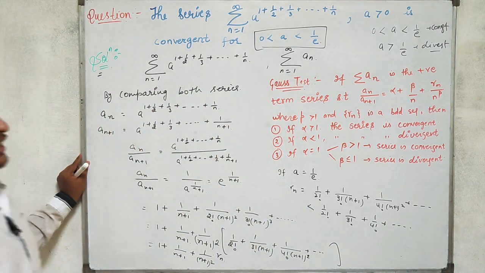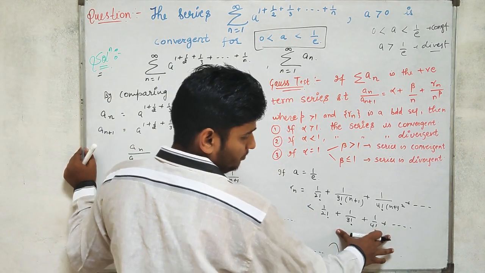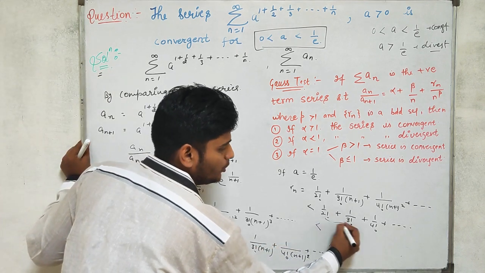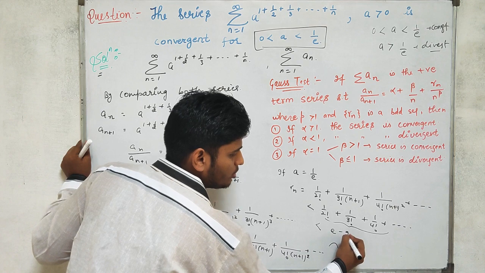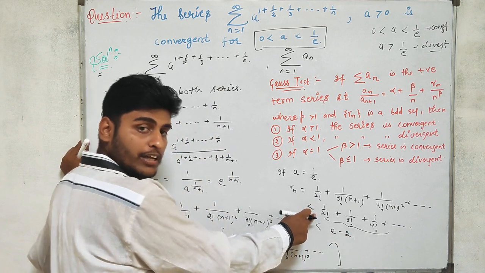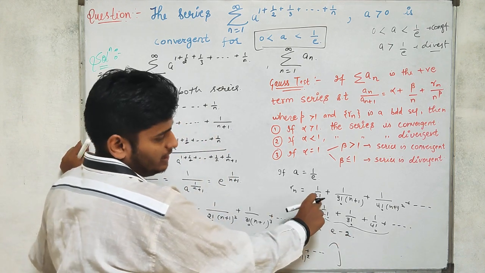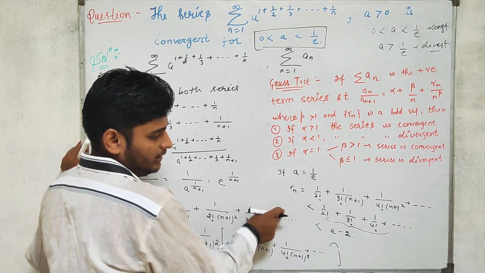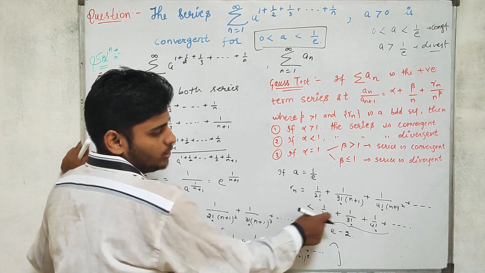And what is the exponential series of this? Its value is e minus 2, because 1 plus 1 upon 1 factorial is 2, and these terms are missing. Taking these two terms to the left hand side, we get e minus 2 equal to this.